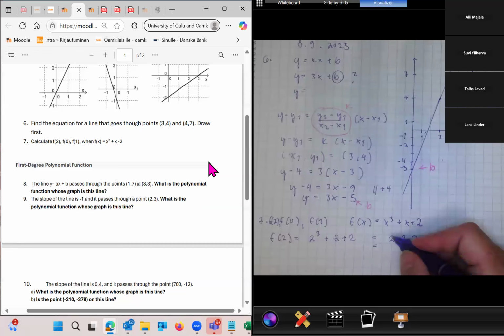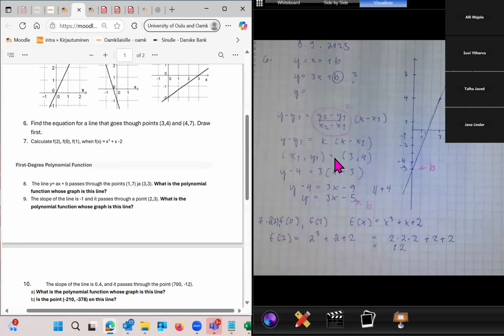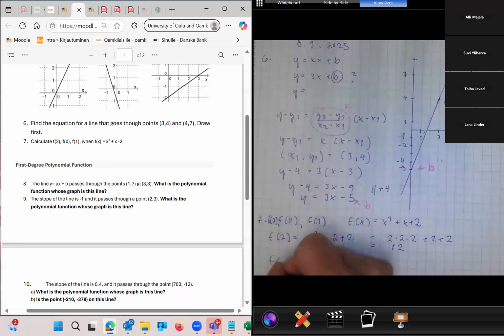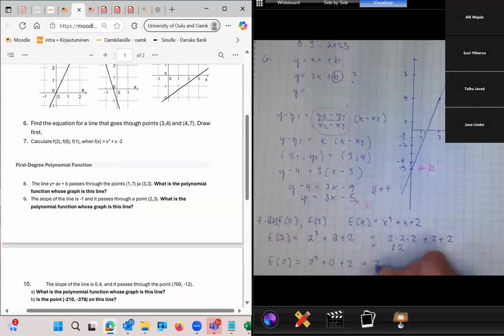So it would be 12, yeah? Then if there's 0, then there would be 0 to the power of 3 plus 0 plus 2, which would be only 2.